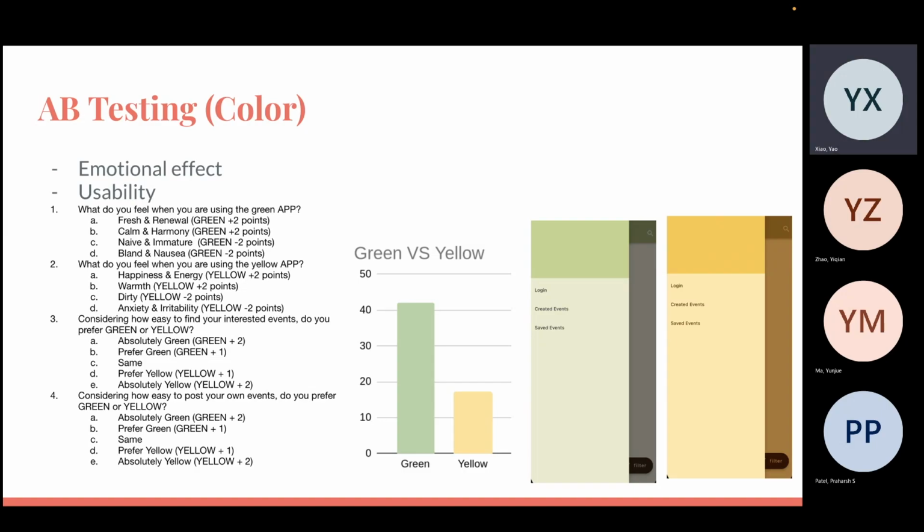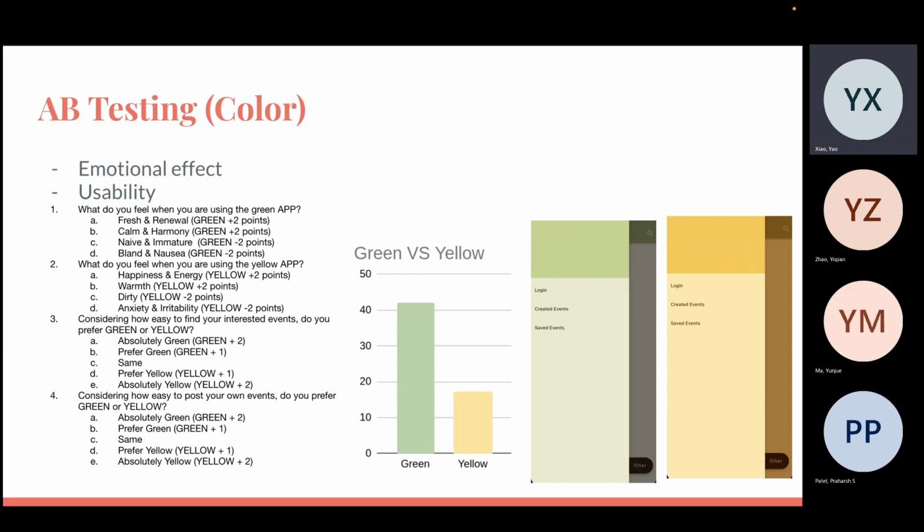Also, it has some effects on the usability. Sometimes green is easier for people to navigate through, to help them find their interested events, and sometimes yellow is better at this job. We are not quite sure which one is better, so we ask our users to decide for us.